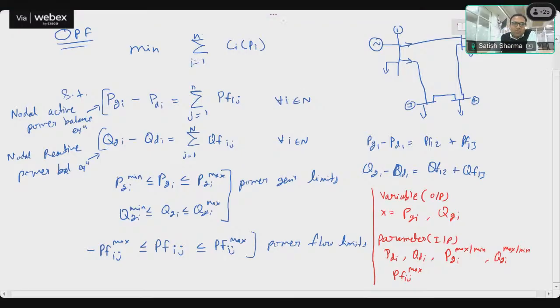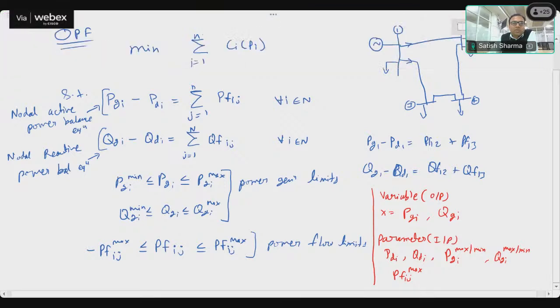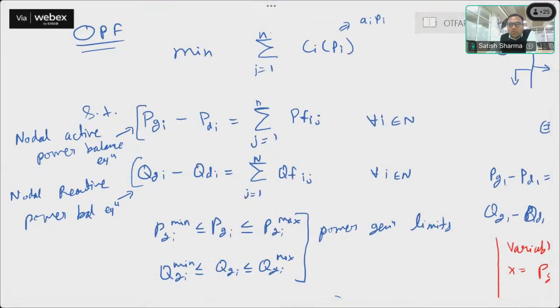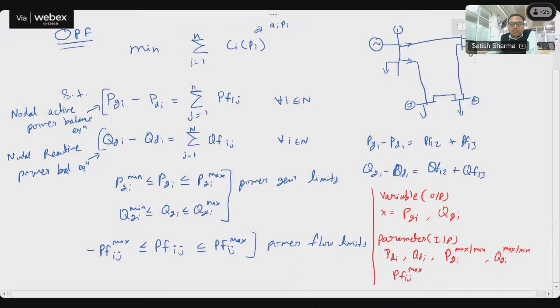So let me give you one more thing, the cost function. Generally, the value of this cost function is ai pgi square plus bi pgi plus ci.